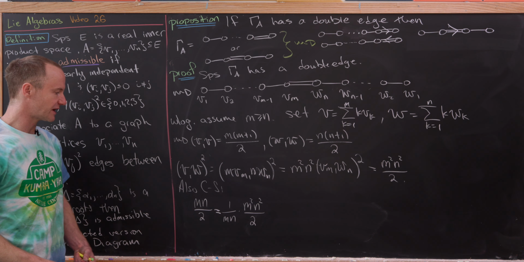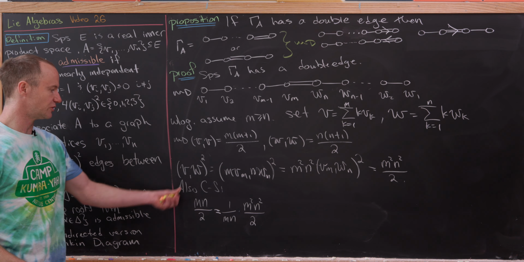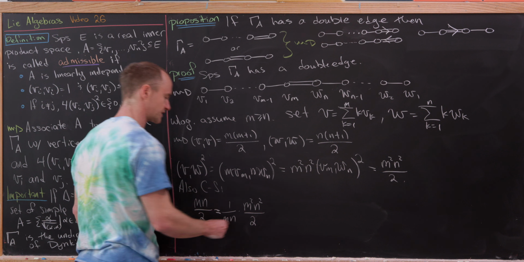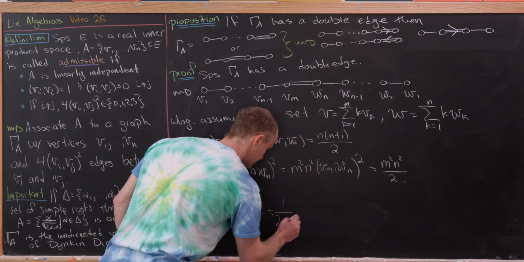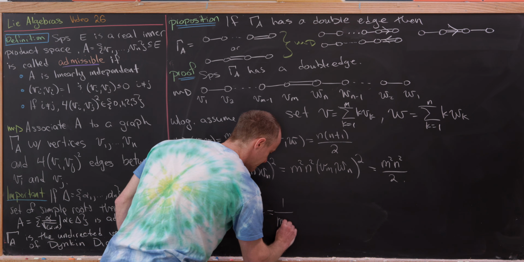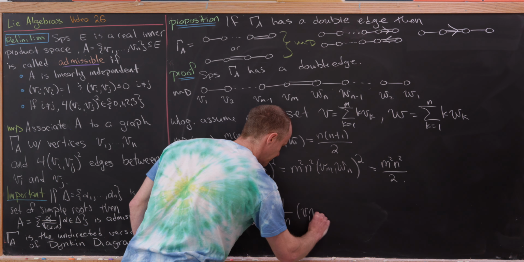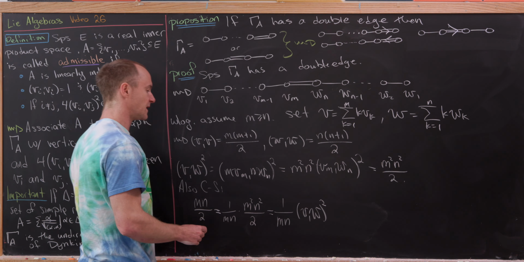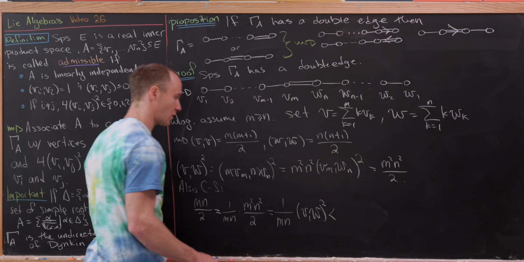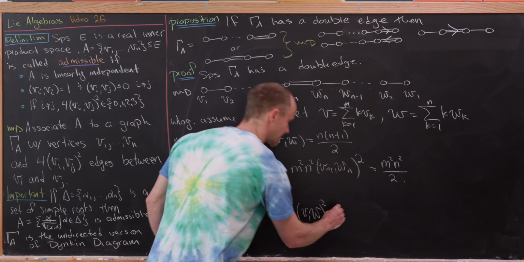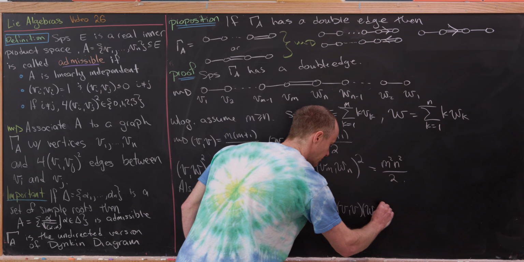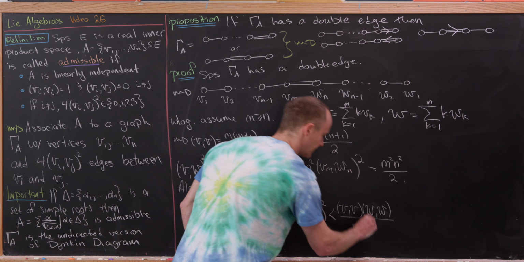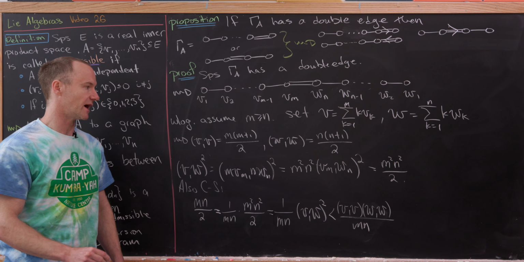Okay, so anyway, now we can replace m squared times n squared over 2 with the inner product of v with w squared. So this is 1 over 2 times 1 over m times n times the inner product of v with w squared. But now we'll apply Cauchy-Schwarz to say that this is less than the inner product of v with v times the inner product of w with w over mn, bringing that mn along for the ride.